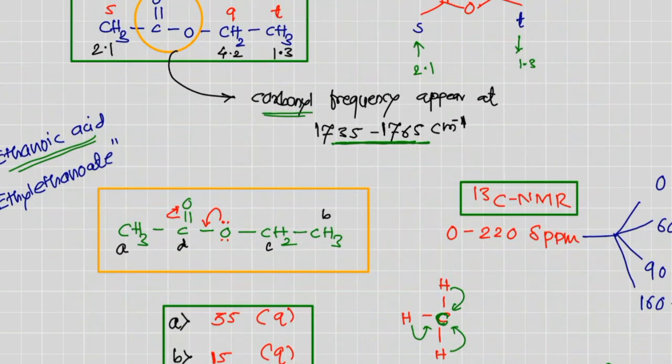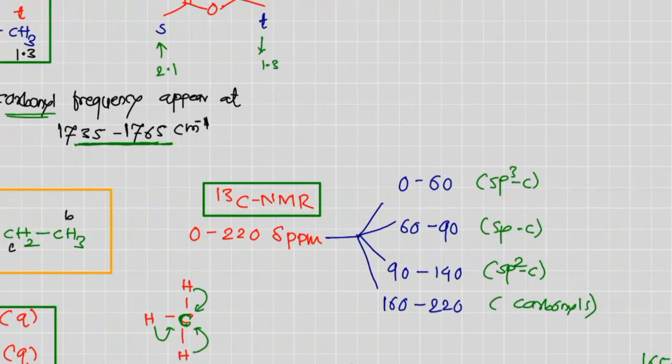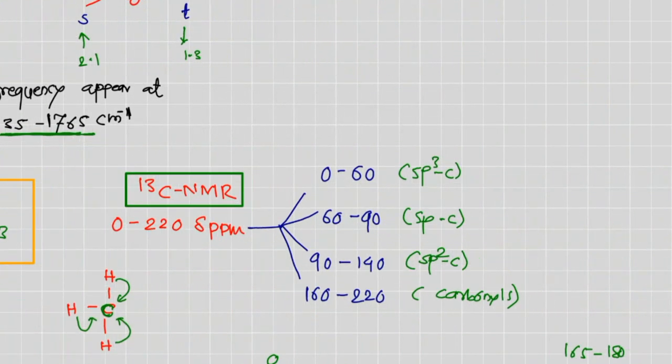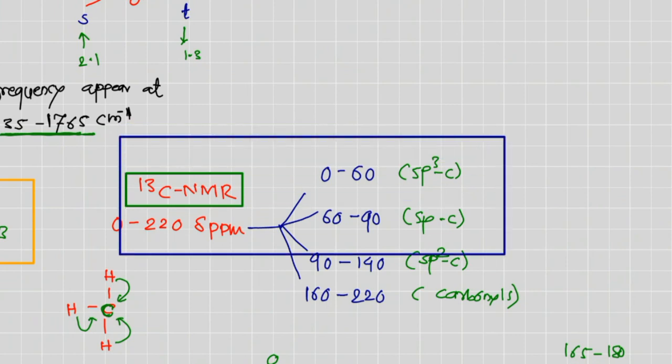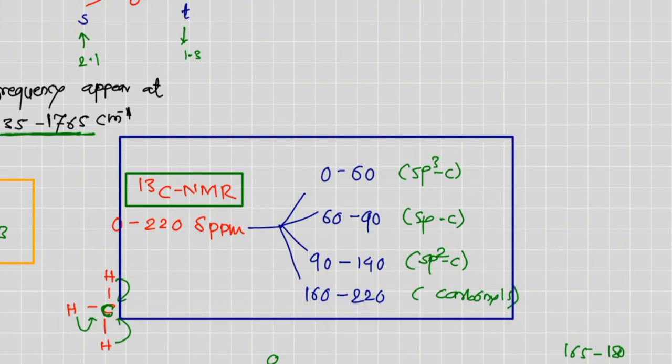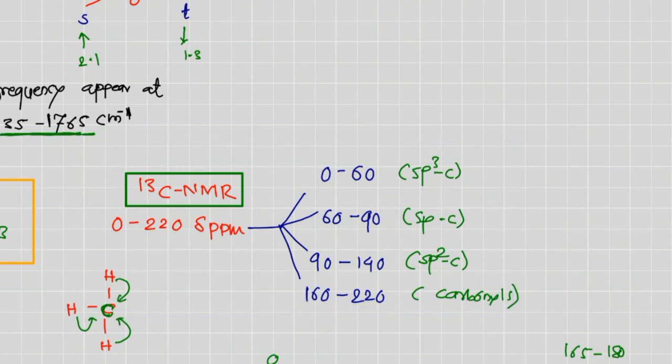Okay, now you can also analyze the C13 of that compound. With the help of C13 you can also predict the correct structure. What is the C13 now? It will predict the number of carbons, the environment of the carbon, and the chemical shift value is given in the region of 0 to 220. There are four specific zones in the C13.